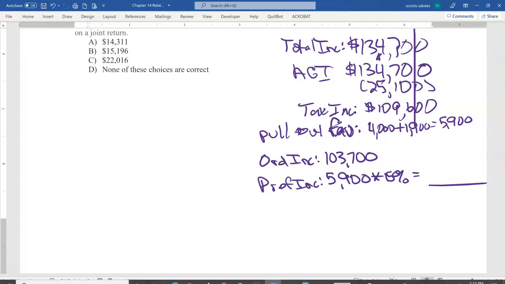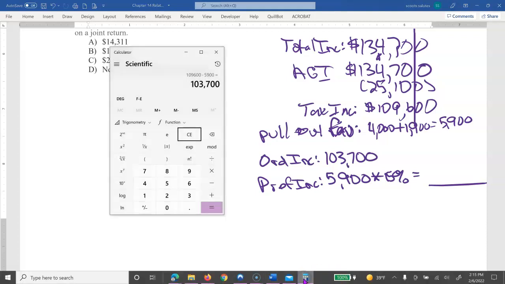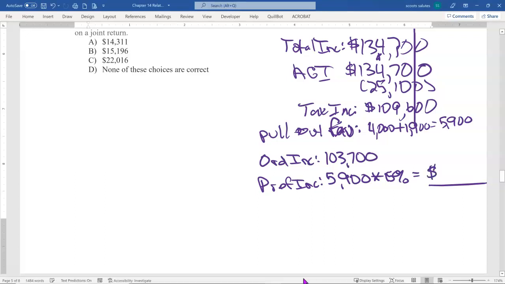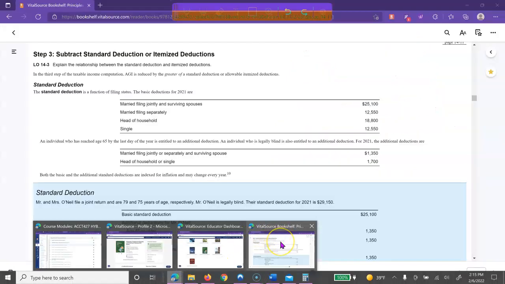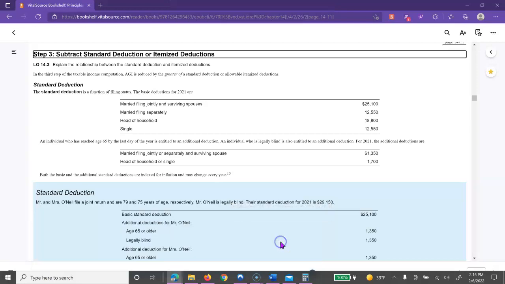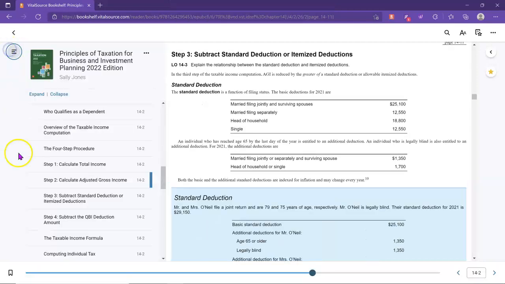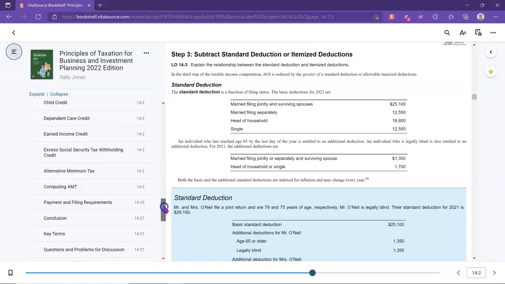Let's go ahead and work through this 5,900 calculation since it's right here in front of us. That's going to be $885. And then for the $103,700, I'm going to come over here to my book. Go back to my tax table.